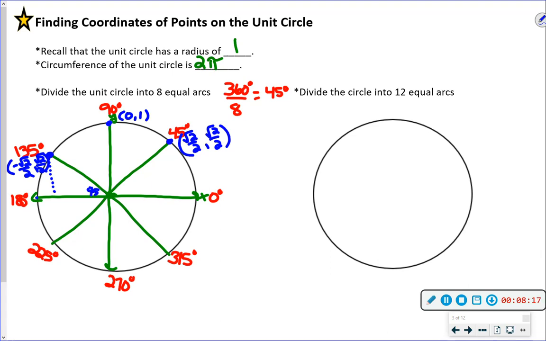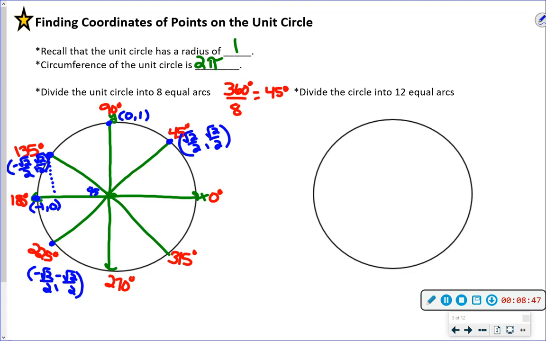Okay, we can do this guy. That one's easy. Unit circle, radius of 1, so that's just our negative 1, 0. We know that. Okay, 45 again. So I'm not going to redraw the triangle and freak out. I'm just going to think we'd have to go to get to this 225 point. Left, negative, down, negative. So negative square root of 2 over 2, negative square root of 2 over 2. 270, we know that point.